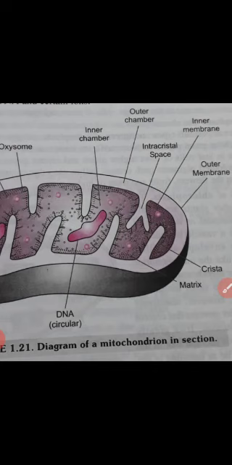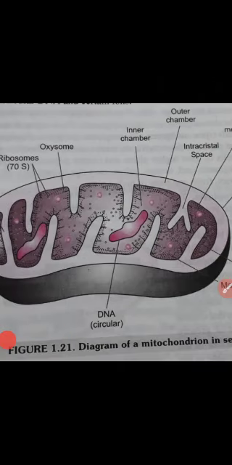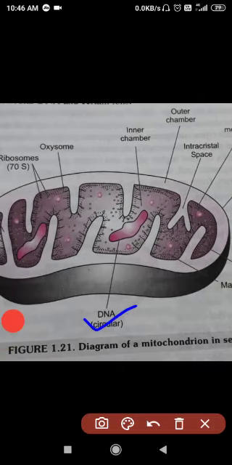And the site present inside the inner membrane is called the inner chamber, and DNA is there. Just see, DNA is here. And oxysomes, I will explain what oxysomes are afterwards. And here the ribosome is also there. So these are the parts of mitochondria.